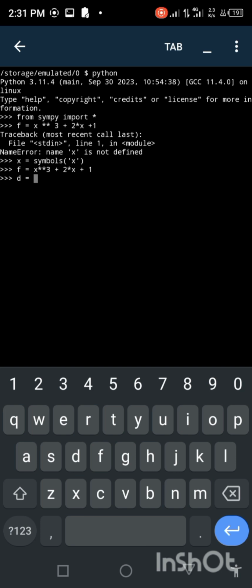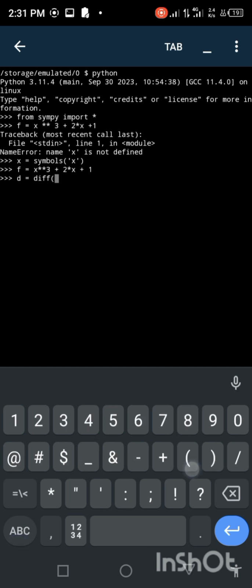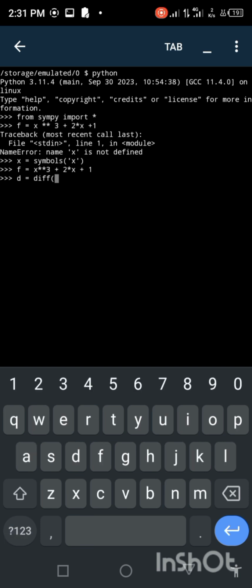So now I say d equals diff, derivative, that's derivative, f comma x.